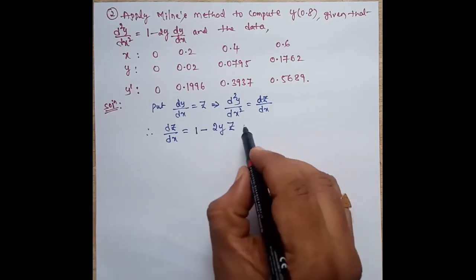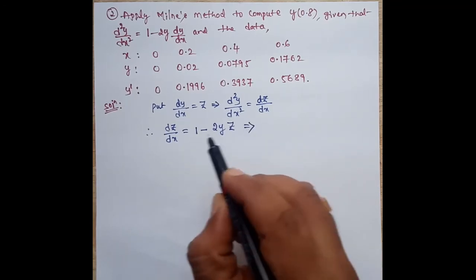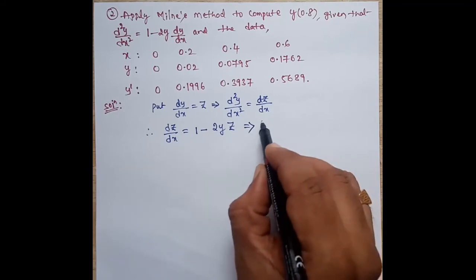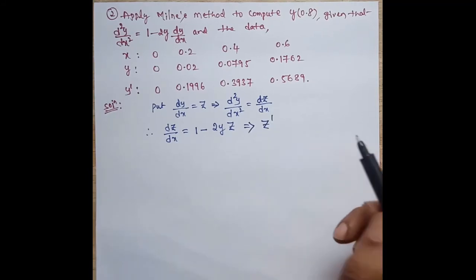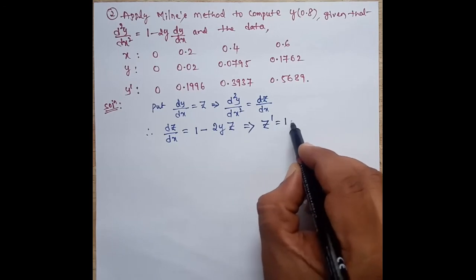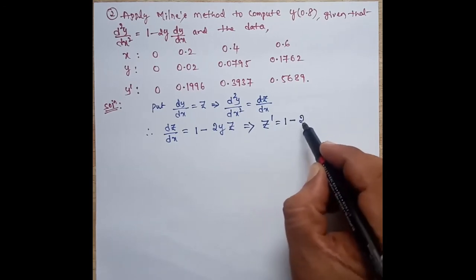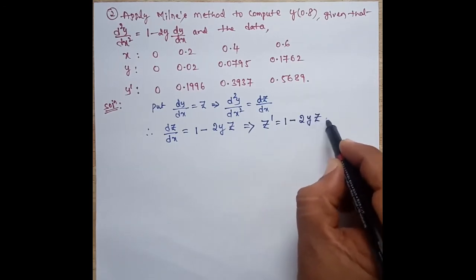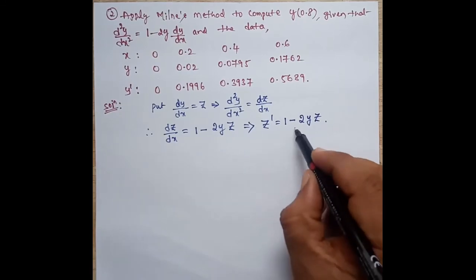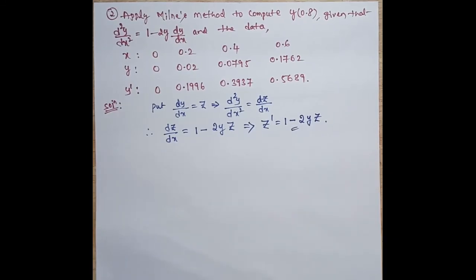We can rewrite dz by dx as z dash. So we get z dash equals 1 minus 2y into z. This is the expression for z dash, and this is the first step in Milne's predictor corrector method.